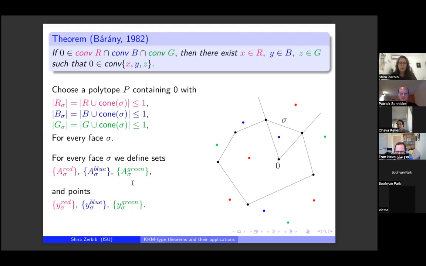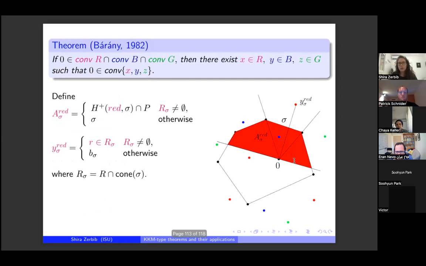Now I will tell you what my sets A sigma are, and what my points Y sigma are. So there are 2 cases. I'm looking at my sigma, and I want to tell you what is A sigma: A sigma of red, A sigma of blue, and A sigma of green. So for A sigma of red, I'm looking at the cone corresponding to sigma.